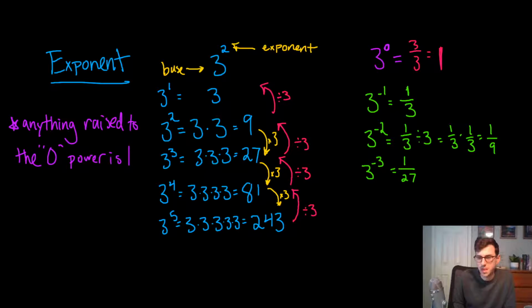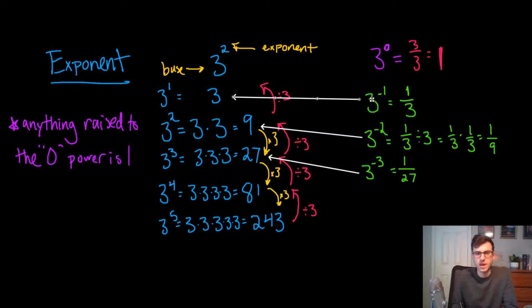How does that compare, if I can match it up, to 3 to the negative 3rd and 3 to the 3rd, or 3 to the negative 2 and 3 to the 2, or 3 to the negative 1 and 3 to the 1? How do those compare?